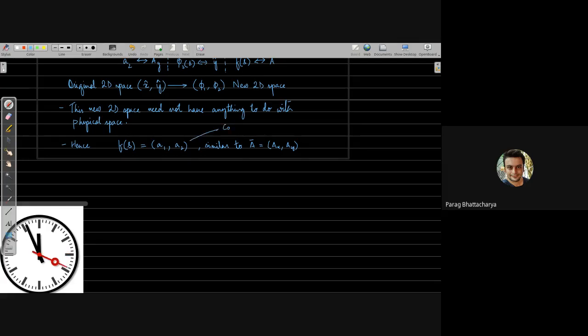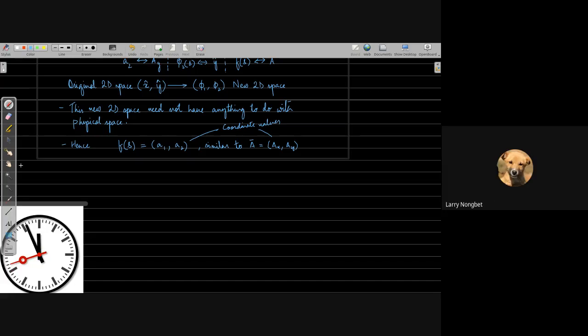These are your coordinate values: a1, a2, and ax, ay. Is this clear? Is this clear to everyone?